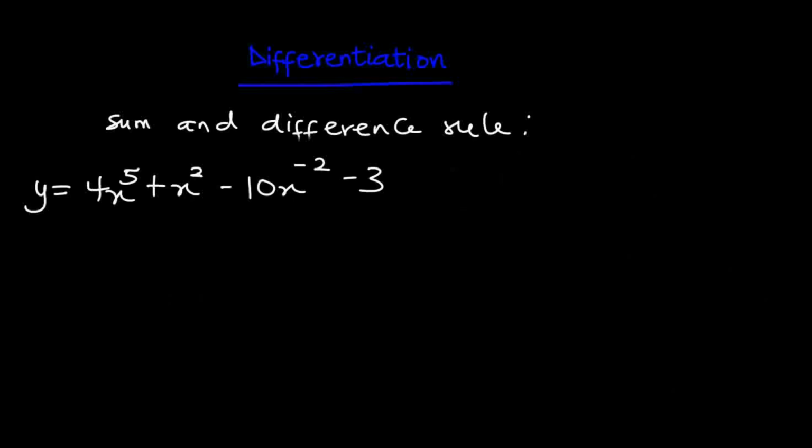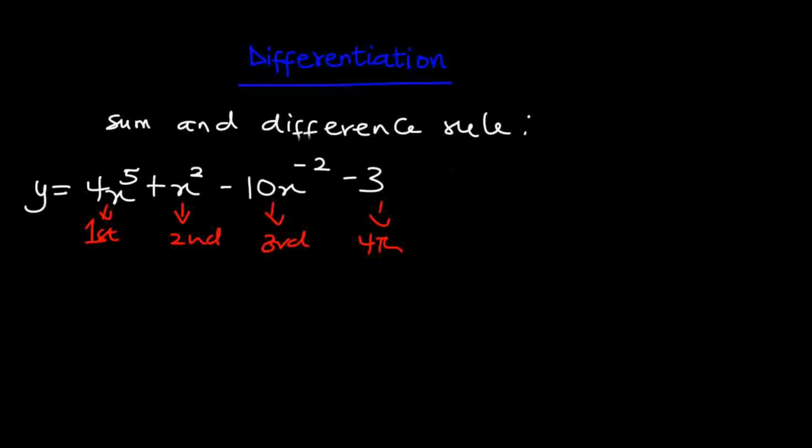For us to do this, we are going to take the derivative of each of the terms separately, then we add them. So this will be the first term, this will be the second term, this will be the third term, then this will be the fourth term.